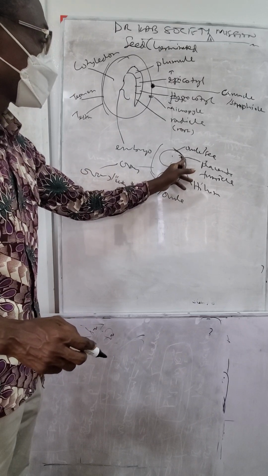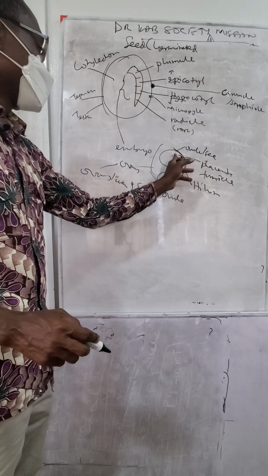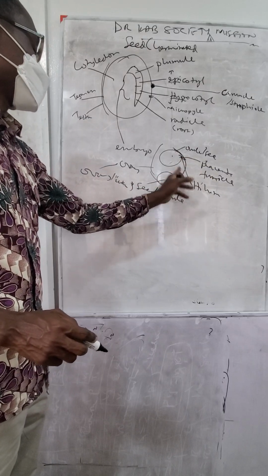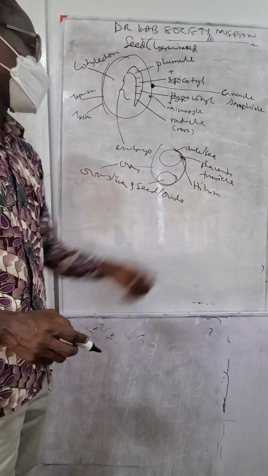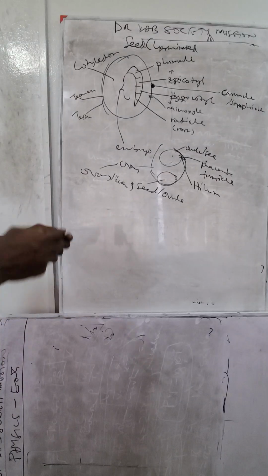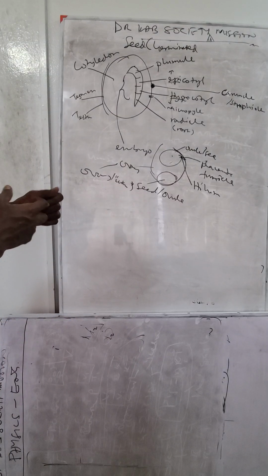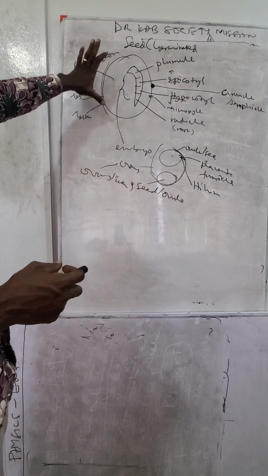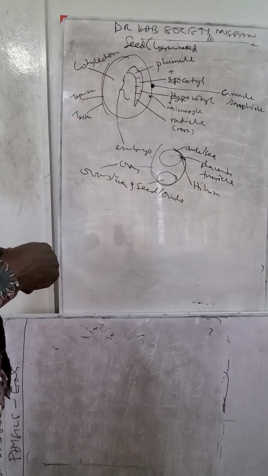That is the placenta, connecting it to the ovary, and that is what we call the funicle. So I think at this point we have exhausted much.